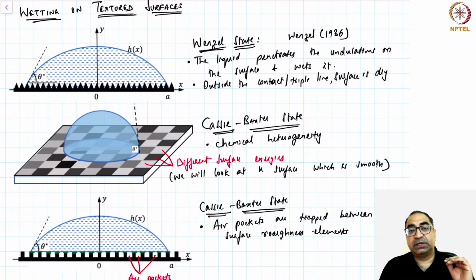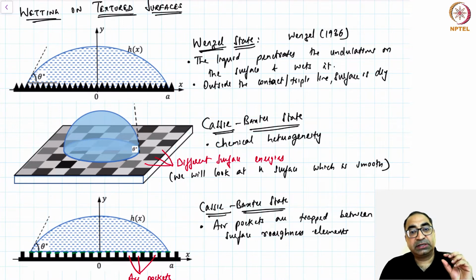I have to mention that there are many more combinations that are possible. For example, we could have a combination of a chemically heterogeneous surface along with either the Cassie or the Cassie-Baxter state, where we have undulations on the surface. We could also have a curved surface. The curvature of the surface is completely ignored in this analysis.